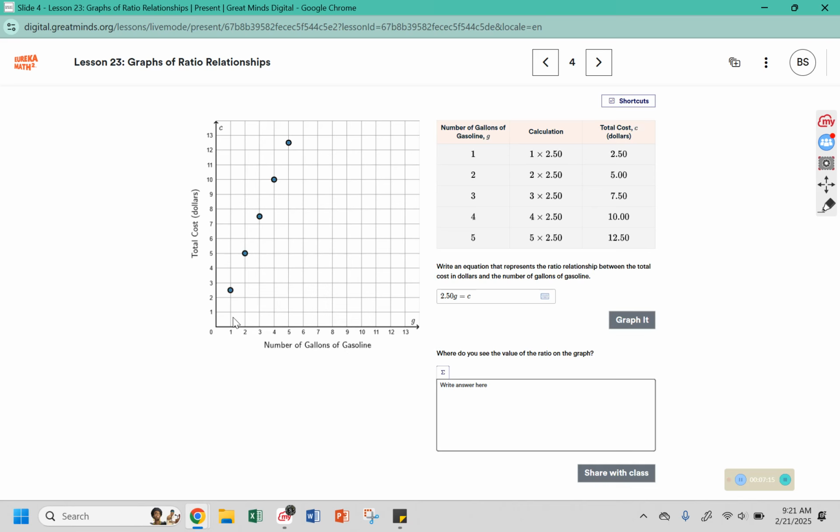Well, here I see a 2.5 and a 1. So the first point with the coordinates 1, 2.5 shows the value of the ratio.